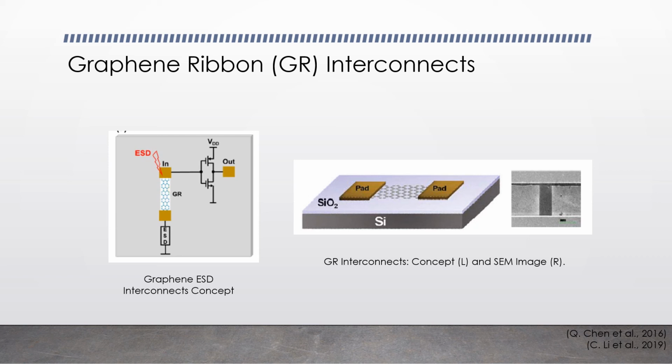This figure illustrates a conceptual on-chip ESD protection scenario using graphene ribbon interconnects. GR wires connect the ESD structure with pads. During ESD events, large ESD transients will discharge through GR interconnects and the ESD devices. Hence, the GR interconnects must survive the ESD surge. The size of GR wires is important.